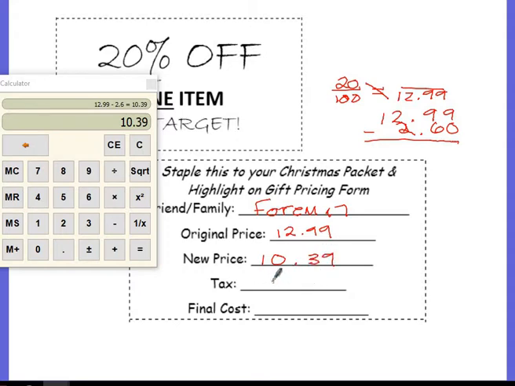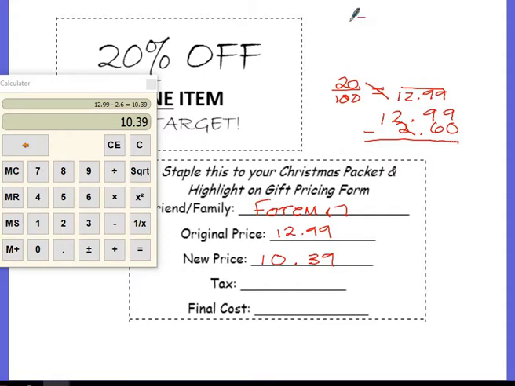Now I have to find tax. Well, if you notice on your gift pricing form, I say tax is going to be 5%. Does anyone remember what I said tax really is in Louisiana? 10.5%. So I'm giving you a discount on the tax. I'm just charging you 5%.